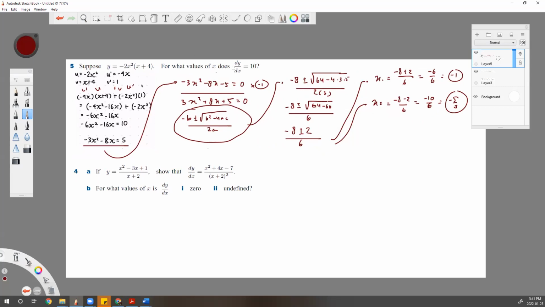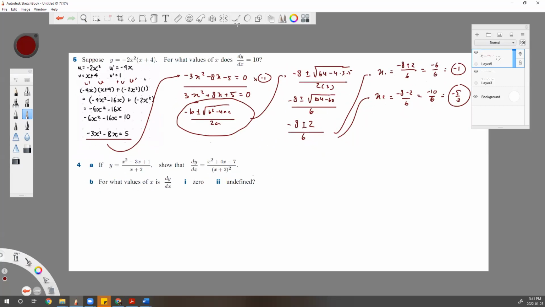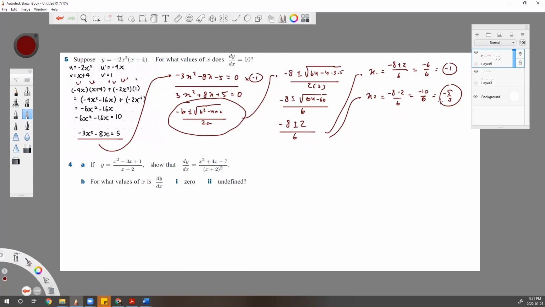For what values of x does dy/dx equal 10? Okay, now you can do number 4. Do you understand so far, Vicky? Yep. Rather than doing the factorization, you can use the formula. Can I just use that formula all the time?